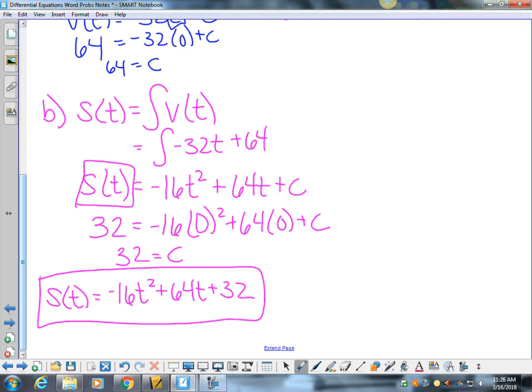Its max height occurs here, where it has a what? A horizontal tangent line. And what's the slope of a horizontal tangent line? And how do you get the equation of the tangent line of that? Take the derivative. So you're going to take the derivative of the position formula.